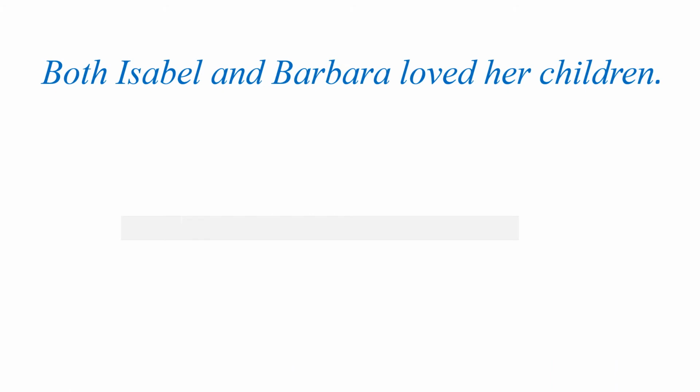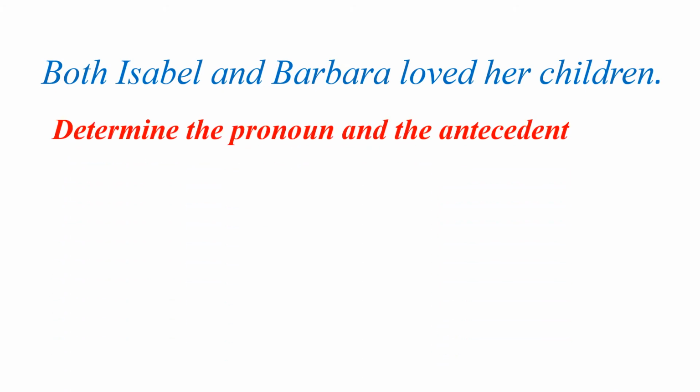In this slide we have an example. If you want to write correct pronoun reference, that means if you want to use pronoun reference very clearly, or if you want to make any sentence clear and proper, you have to determine the pronoun and the antecedent first.